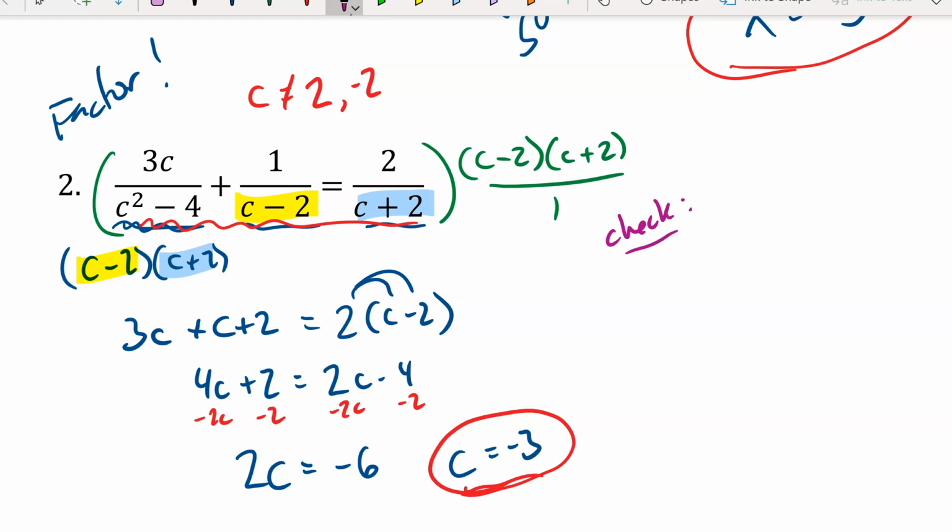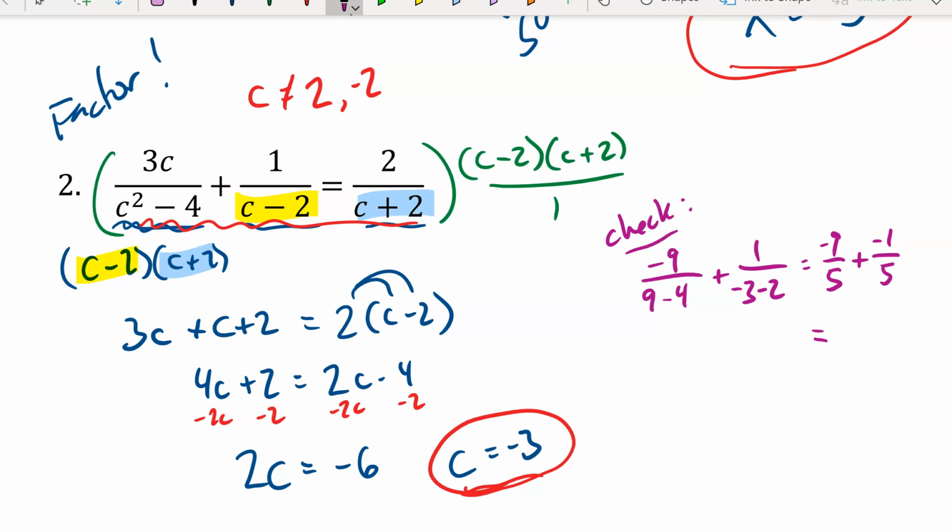If I plug negative 3 back into the left-hand side, I get negative 9 over 9 minus 4, plus 1 over negative 3 minus 2. Well, this becomes negative 9 over 5, and then with a little bit of simplification, I can see this is negative 1 over 5. 1 over negative 5 is the same as negative 1 over positive 5.